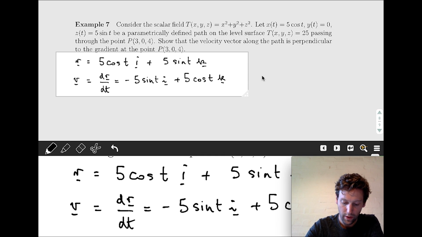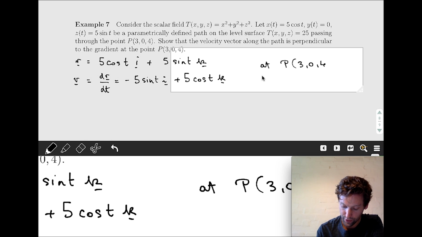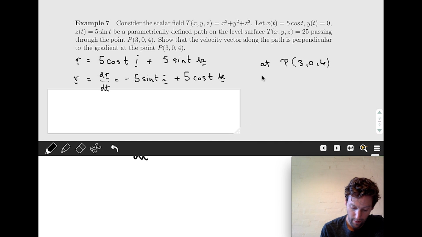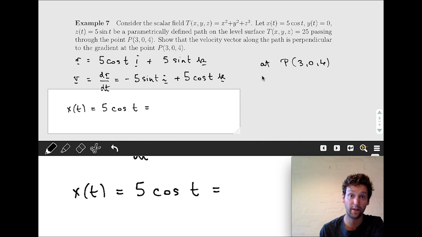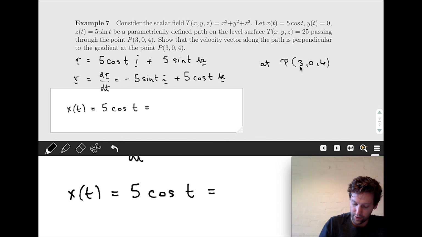And we want to know what the value of t is, right? Because I want to look specifically at the point P, 3, 0, 4. So you notice that I'm not actually given what t is. So what I'm going to do is substitute that into my expression for r of t. So remember that x of t is equal to 5 cosine t, and we're interested in what value of t gives me the first coordinate of P, so that equals 3.